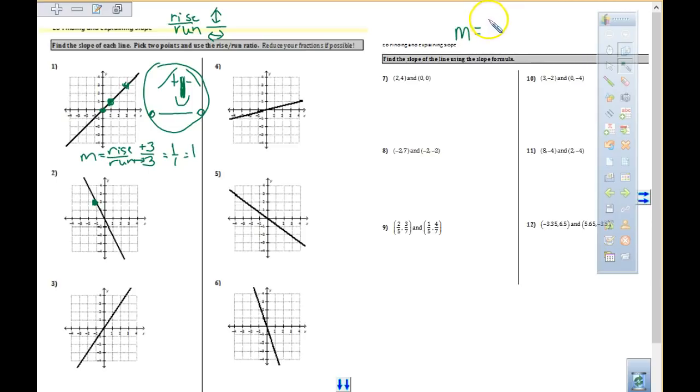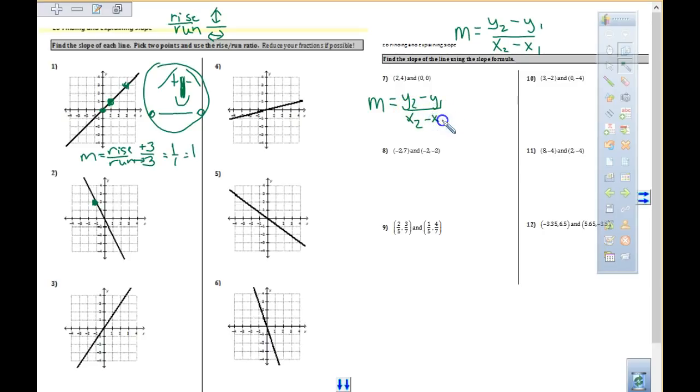You will be finding the slope using the formula y2 minus y1 over x2 minus x1. We did this one. I had this one up today in class after the quiz. M equals, I will need you to write the formulas on all of these and on the worksheets that you will be getting.